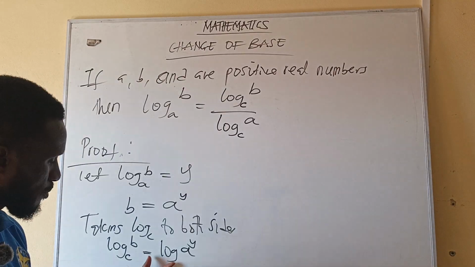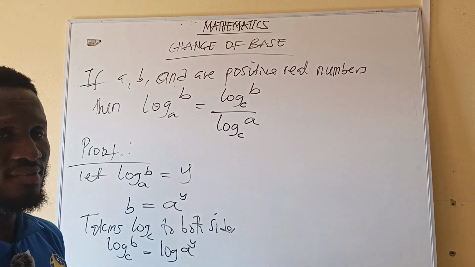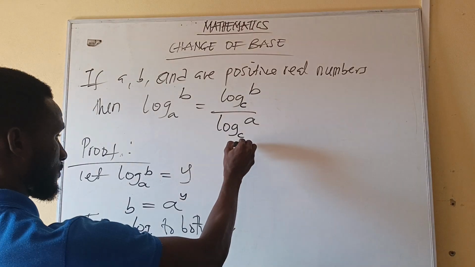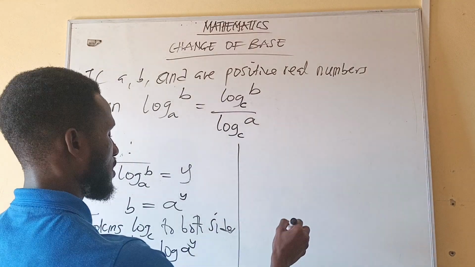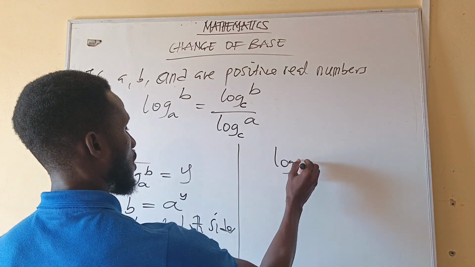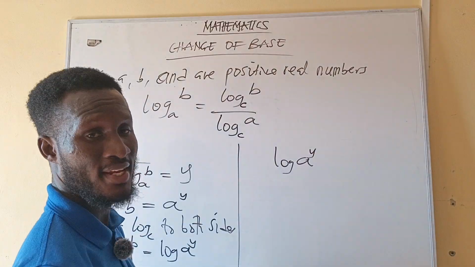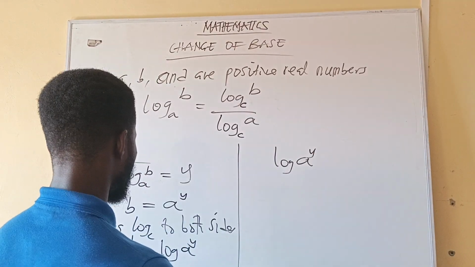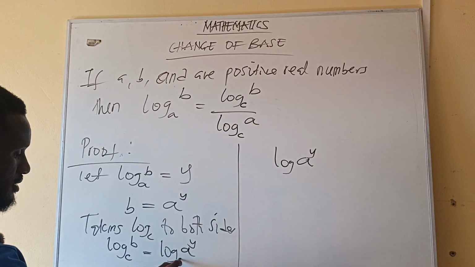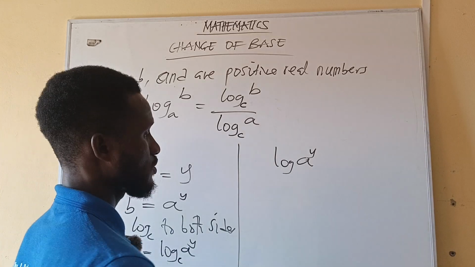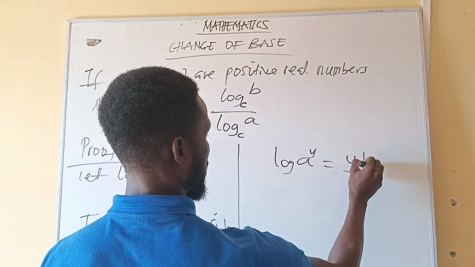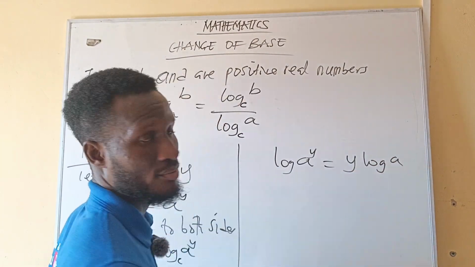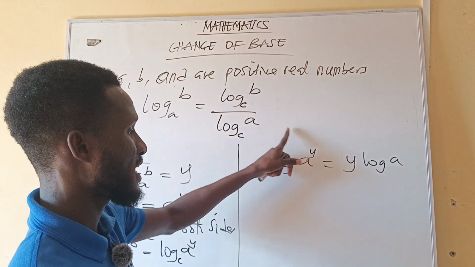Now at this particular point, if you have log of a exponent y, and don't forget the base is c, this can be written as y log a, because you can bring the exponent to the front of the log.